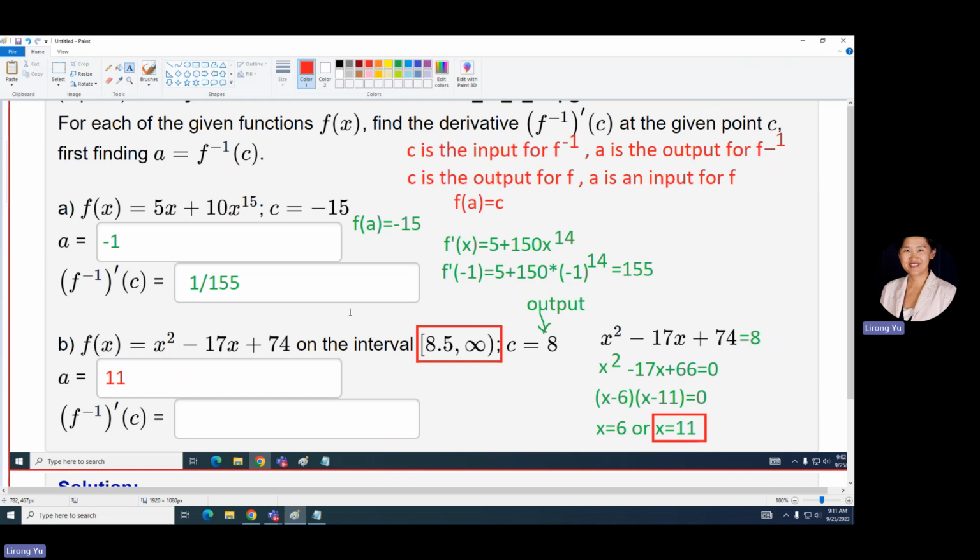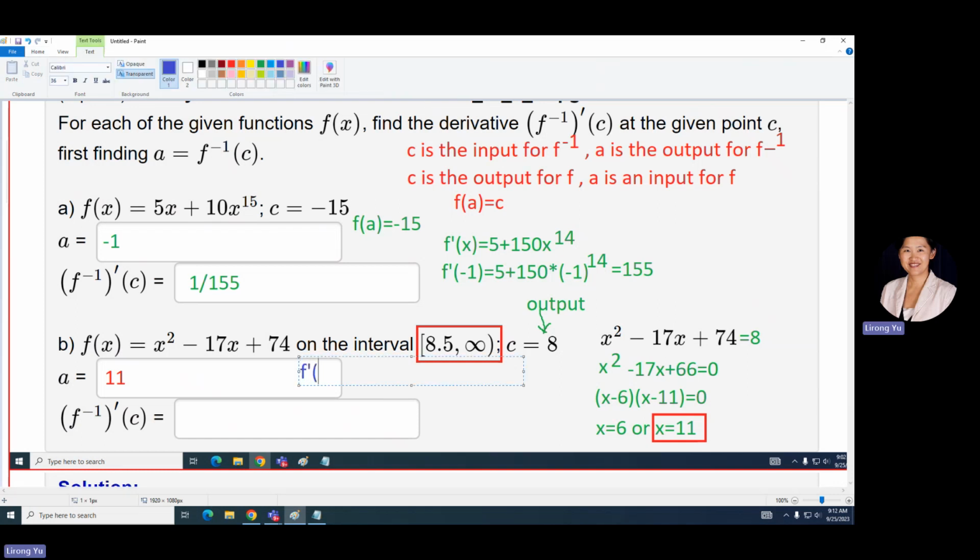The second part is the calculation of the derivative. We're trying to find the derivative. We would find the derivative of the original, f'(x) equal to 2x minus 17.